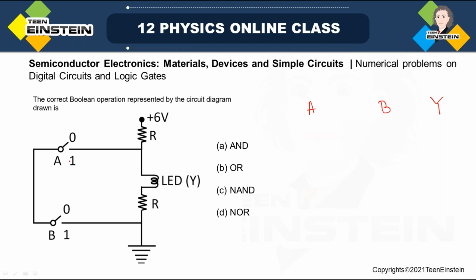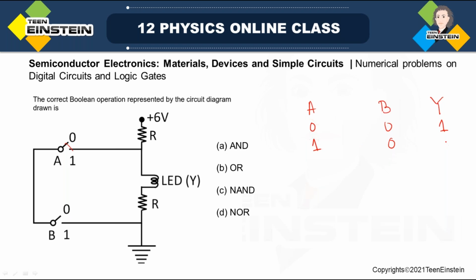So I have a choice. Suppose I take both the switches open. 0 means open. Then if both the switches are open, then what we get here? We get LED glowing. That means we get a 1. Now look, I keep A closed, that means 1, and B 0.